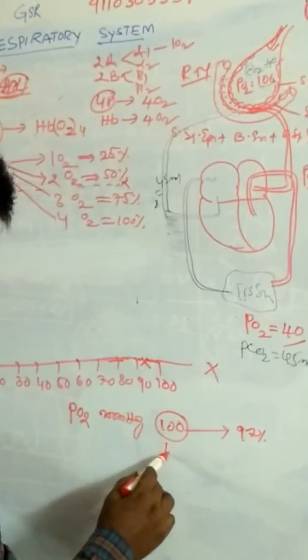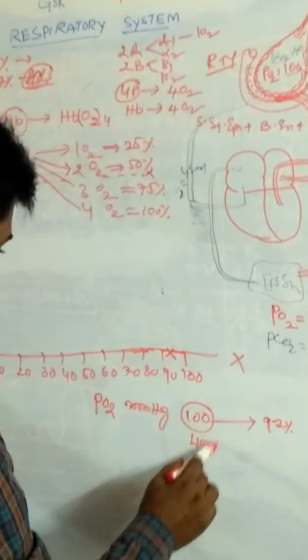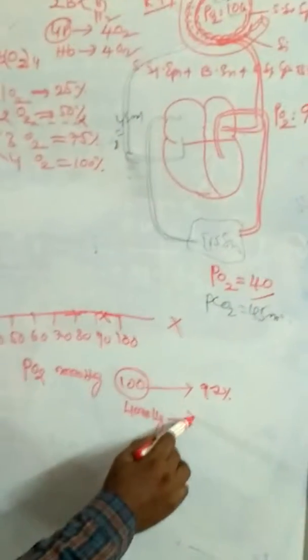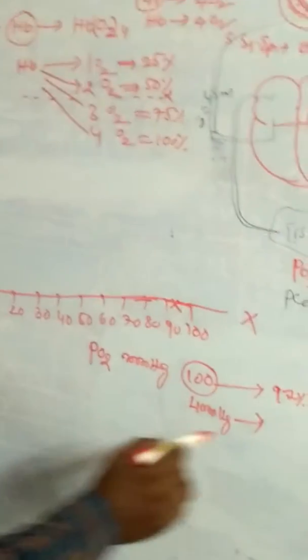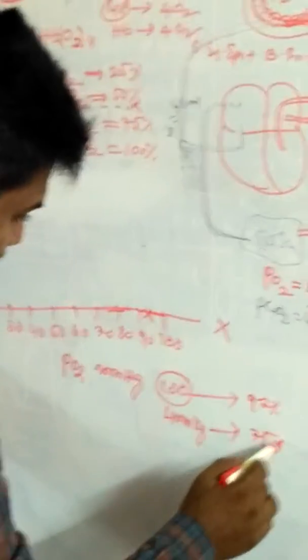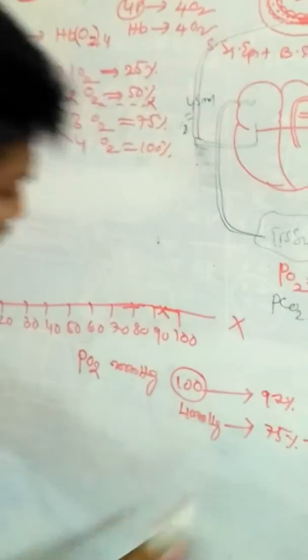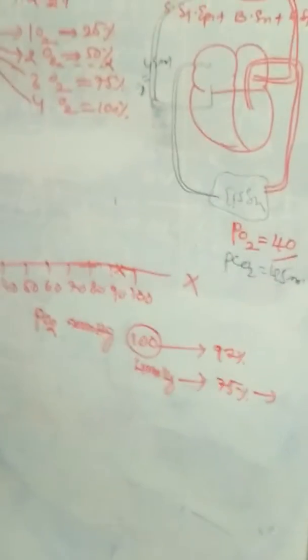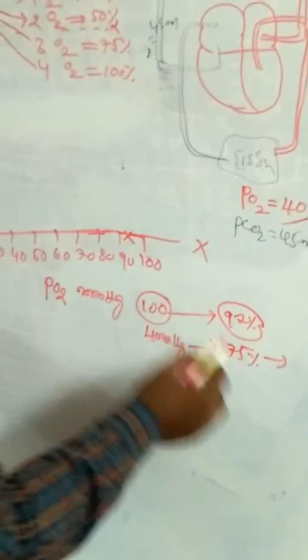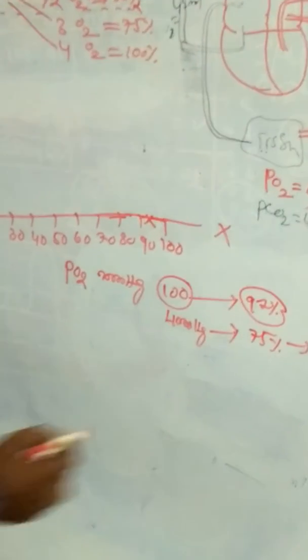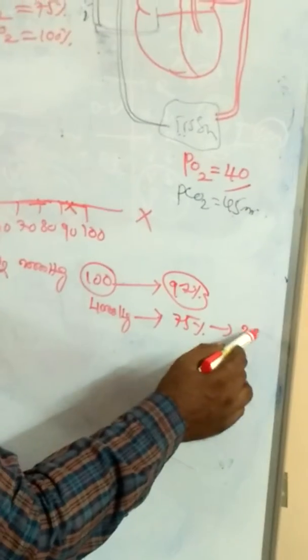Next, at 40 mm Hg partial pressure of O2, saturation is 75%. So delivery of oxygen is maximum 97 minus 75, which is equal to 22%.